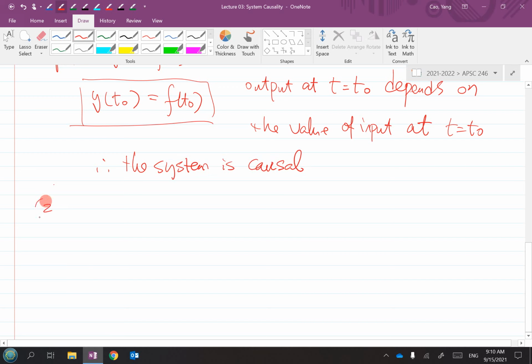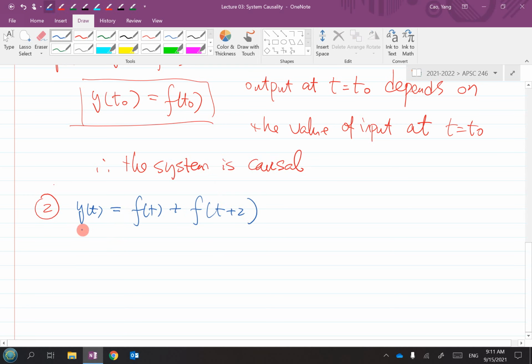So let's take a look at the second system. y of t, I'm using red color, let's go back to the blue color, equal to f of t plus f of t plus 2. Okay. So this is a new system.